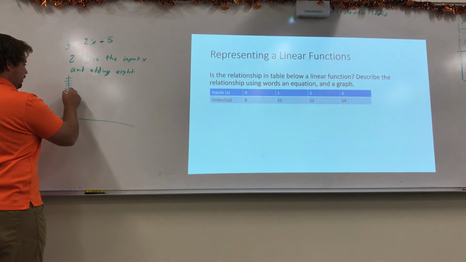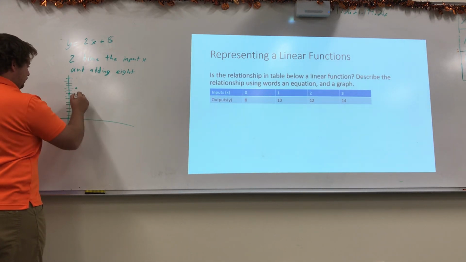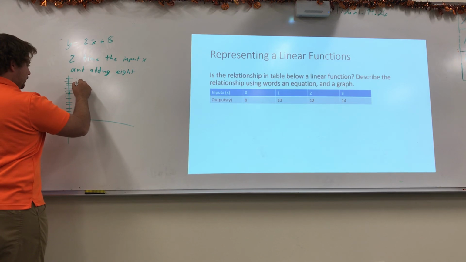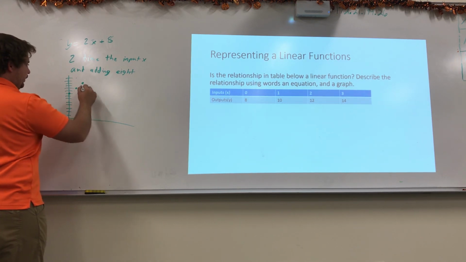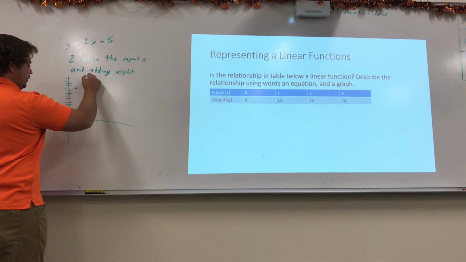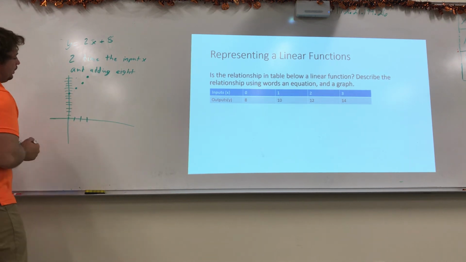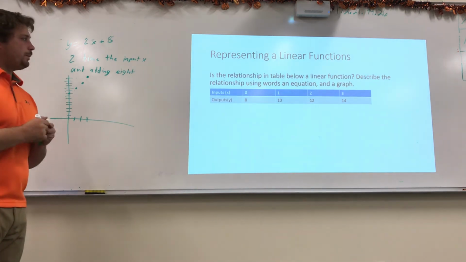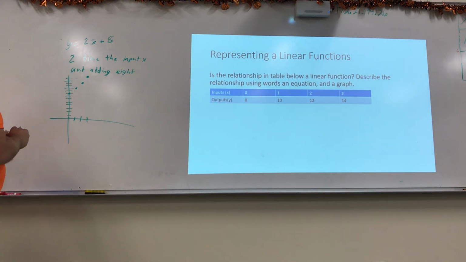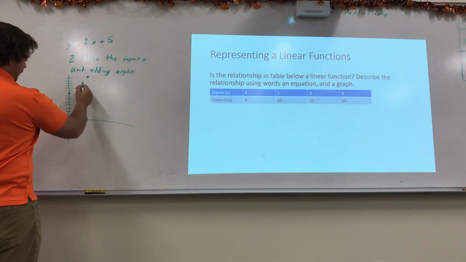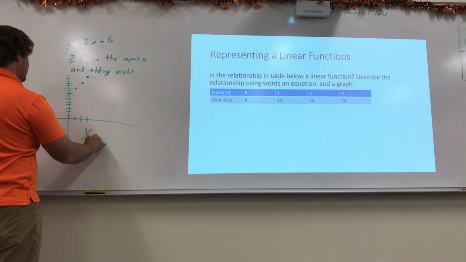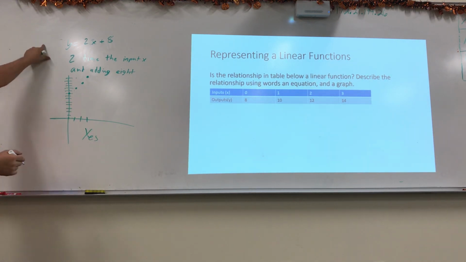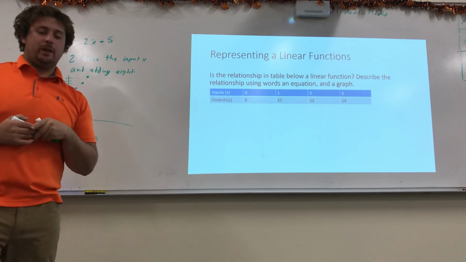Alright, 1 is going to be 10. 2 is going to be 12. 3 is going to be 14. So it would look like that. And yes, this is a function. You can see it. My graph isn't perfect, but it's pretty close. Obviously, we're going up by 2s, so that's pretty good.